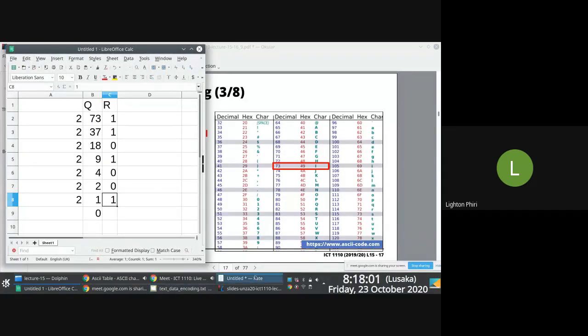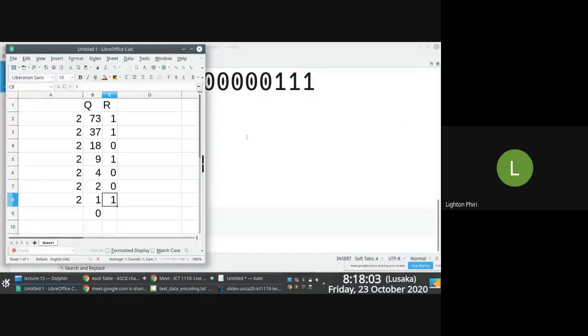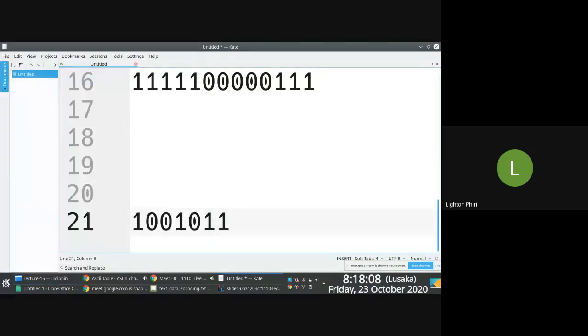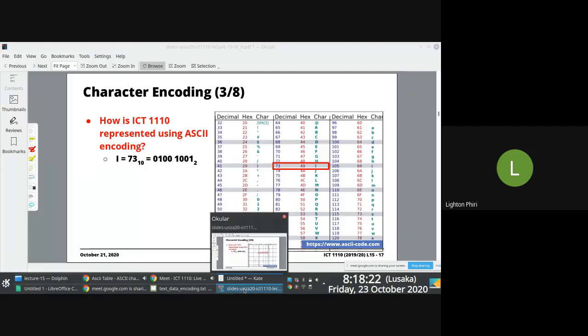So this is what I wanted to showcase here. Your answer is 1001001, right? But of course, because it's an 8-bit representation, remember what I said? Prefix with a 0 at the beginning. And so you have 0, 1, 0, 0, 1, 0, 0, 1, right? And then you come up with this.